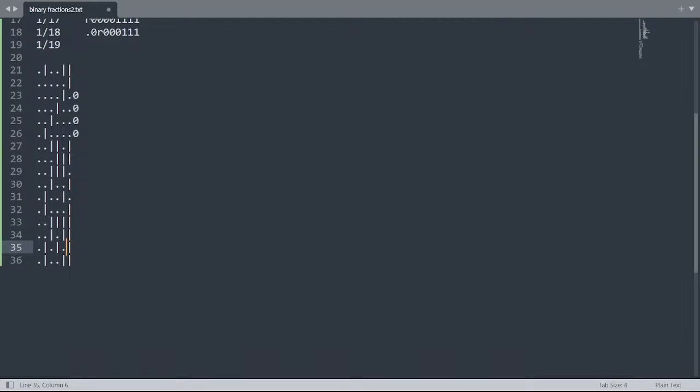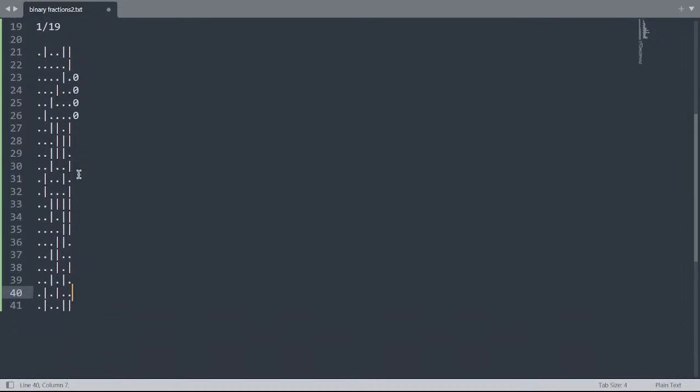We borrow, borrow, get rid of. Here, we borrow, get rid of. We keep going like this. This is a long one. I think 19 was a long one.